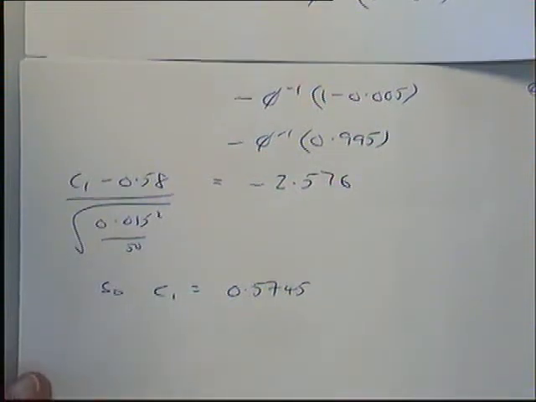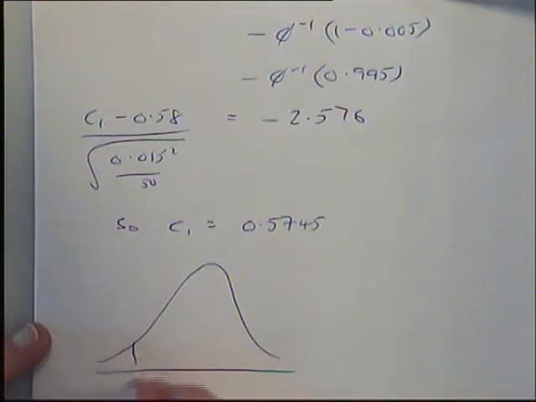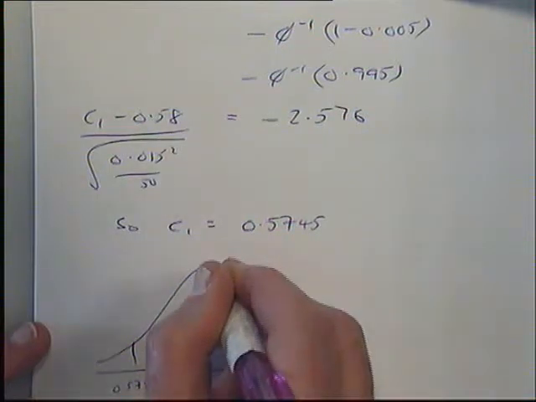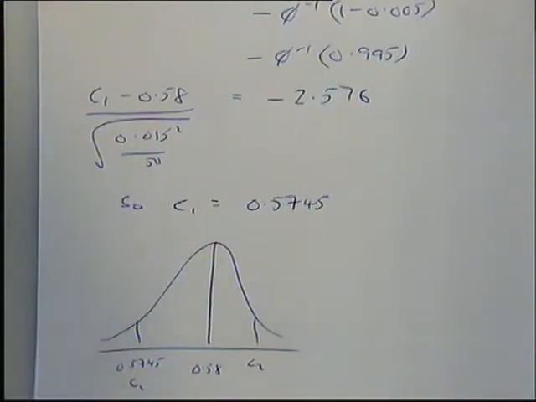Okay, that's correct. So I'm just going to do another diagram. You should have written right on the other one if you want. So I've got a critical value here of C1. I have my mean of 0.58. I have my critical value 2 there. How can I go and quickly find my critical value 2? It would be the same distance from the mean. That's right, it's the same distance here.